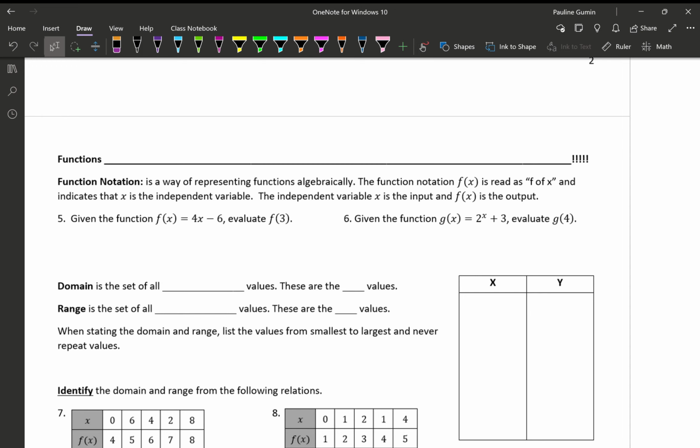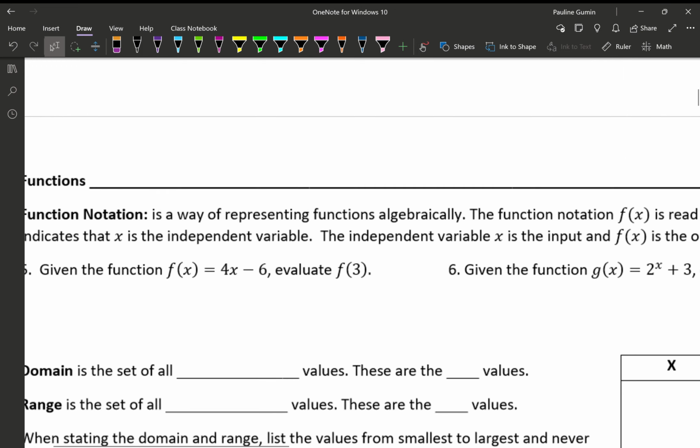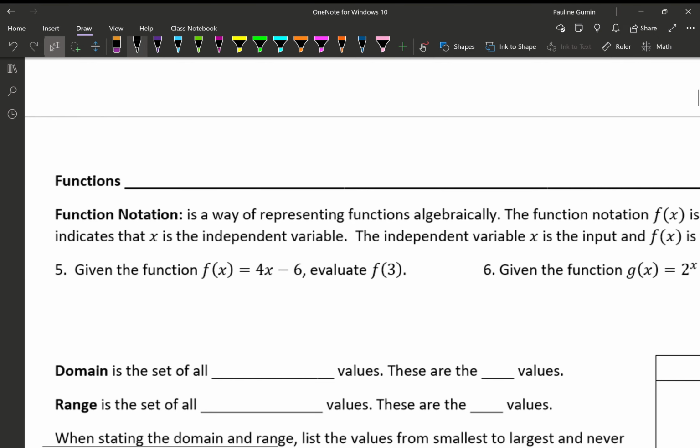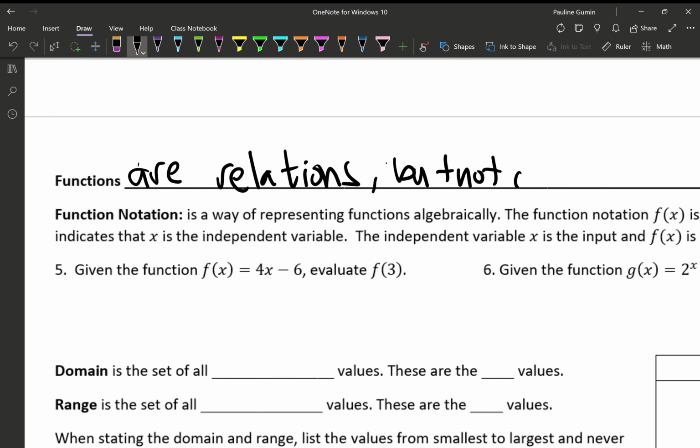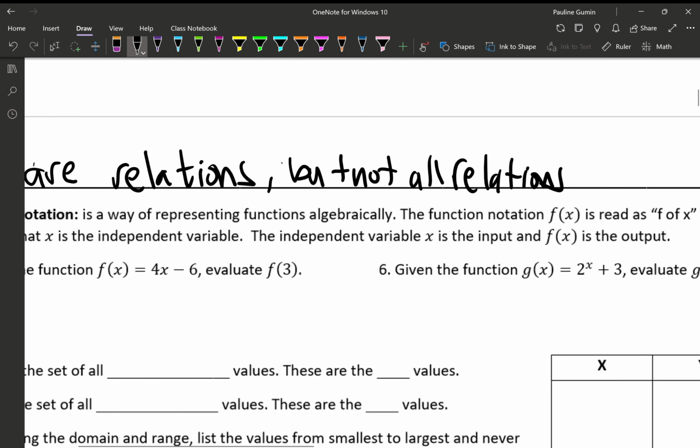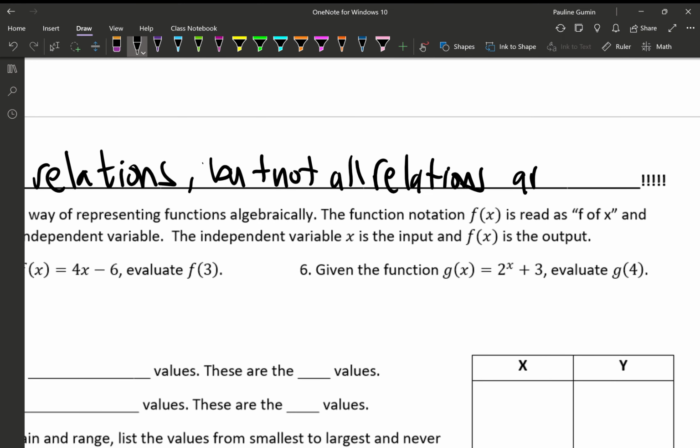All right, so functions. I'm going to be using my handwriting, but we're going to be writing this down. So functions are relations, but not all relations are functions.